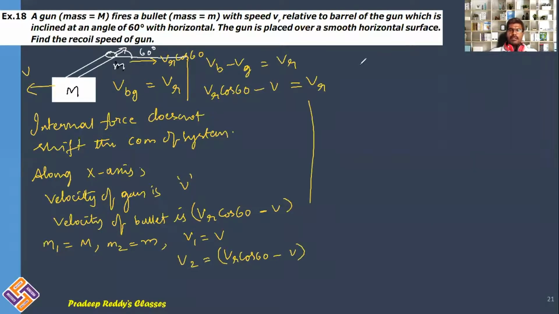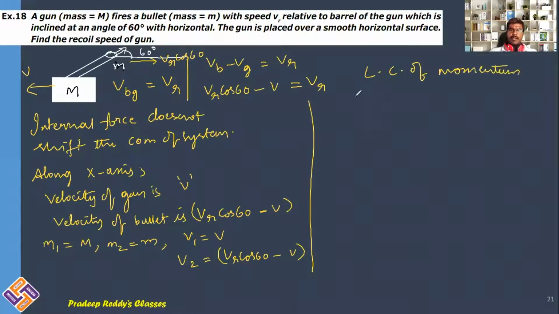Now according to the concept of center of mass, we can write the velocity of the center of mass will be equal to m1 v1 plus m2 v2 divided by m1 plus m2. Right? You can use this, or you can even write that the law of conservation of momentum holds good here. That will be very easy to solve. So the law of conservation of momentum you can use.